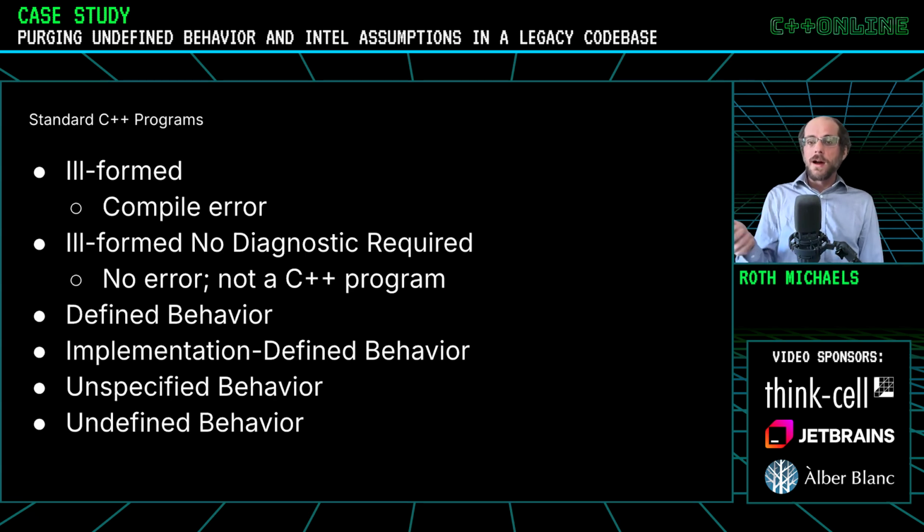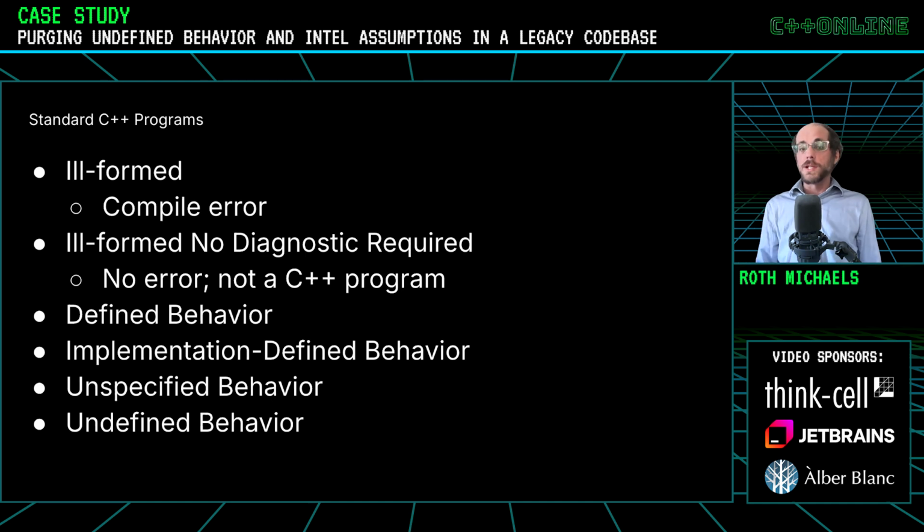You have ill-formed expressions or code in C++, and that's something that's not going to compile, and you'll get a compiler error. We also have things that are ill-formed, no diagnostic required, but this still means it's not a legitimate C++ program. The point of this is that it would be a compiler error, but it's potentially too hard to actually create an error.